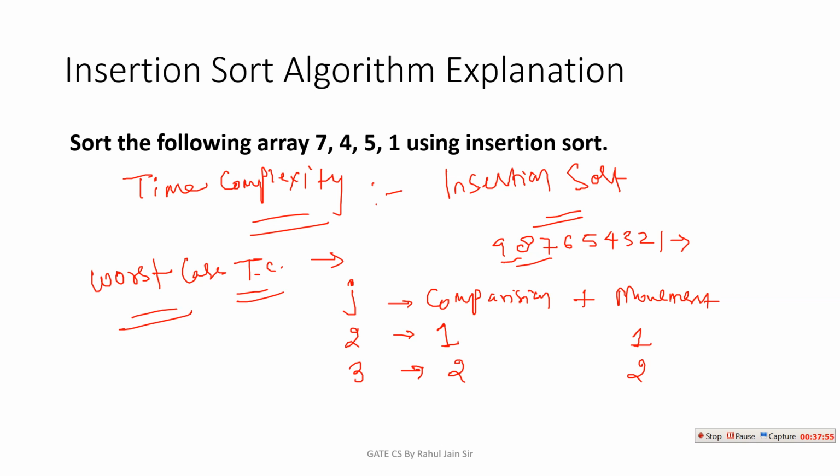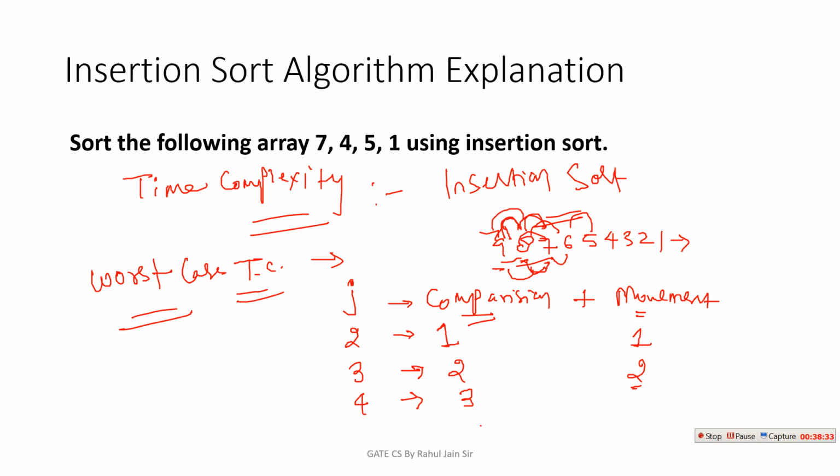In the worst case, every time we need to compare, and every time we need that much movement. If we represent index j as indexing 4, then 3 comparisons will be required. This 9 will move here, then after that it will move here, and this element will move here. In the fourth iteration, 9 will move here, 8 will move here, 6 will move here, 5 will move here.